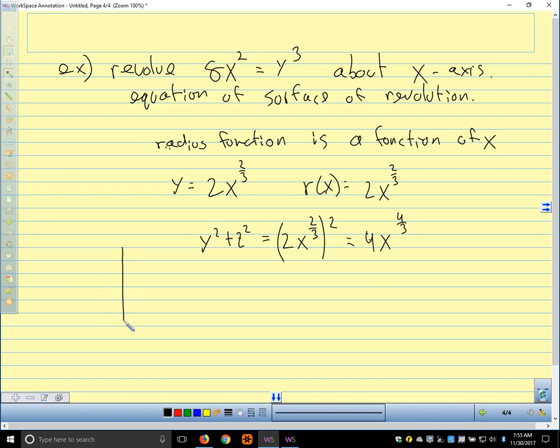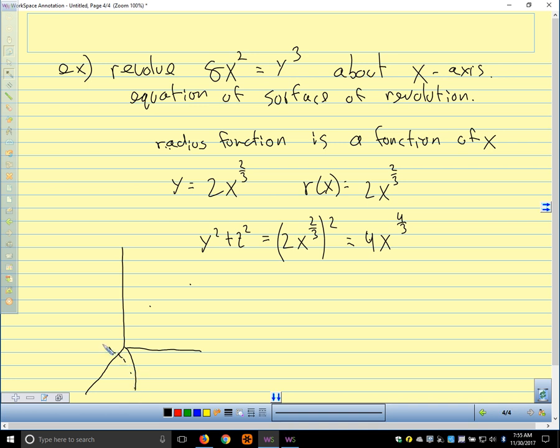So if we were to sketch this thing, we get something like this in the xy plane, right? And then we revolve that around the x-axis.